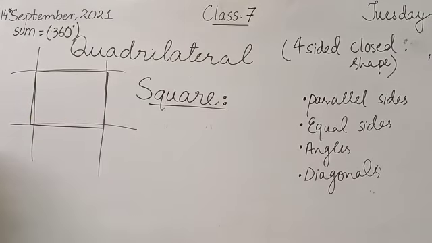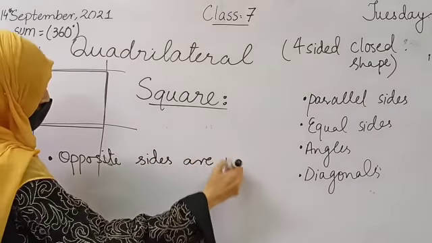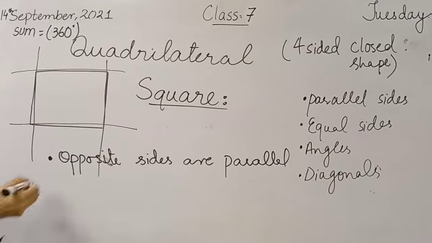Similarly, these 2 sides are parallel. So you'll write opposite sides are parallel. Okay? Then you write a square has 4 equal sides.